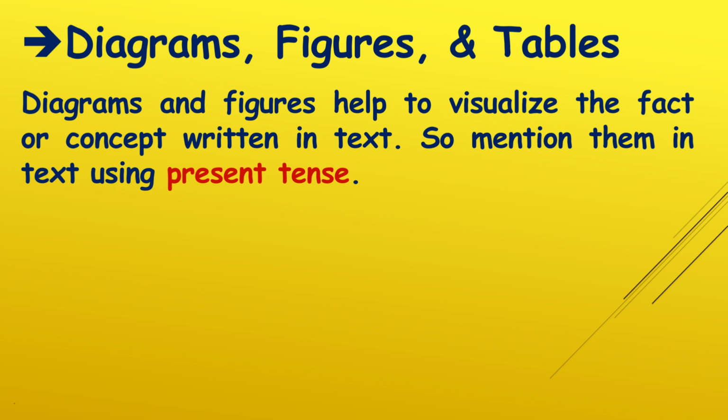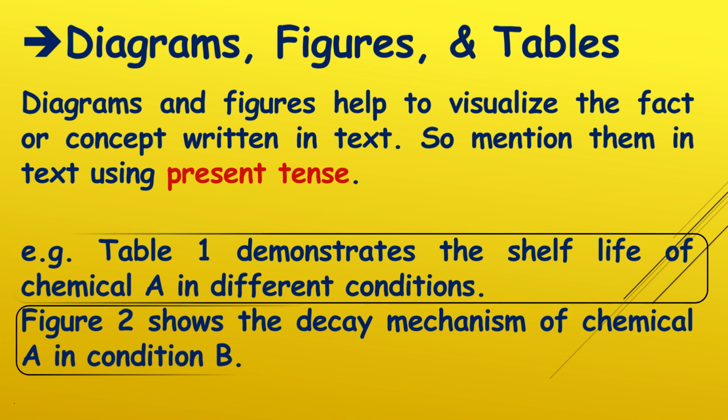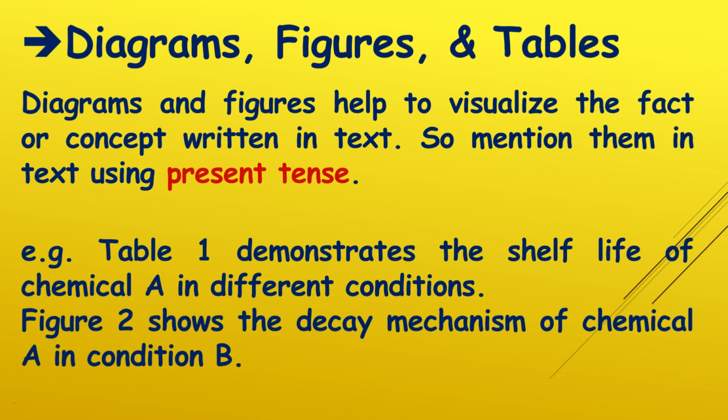So we mention them like this. Table 1 demonstrates the shelf life of chemical A in different conditions. Similarly, figure 2 shows the decay mechanism of chemical A in condition B. In this way, we represent the diagrams, figures and tables in text using present tense.